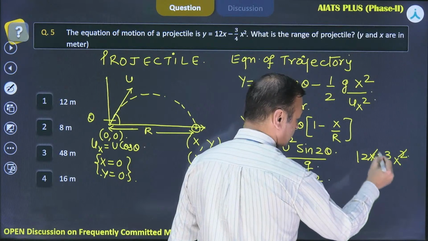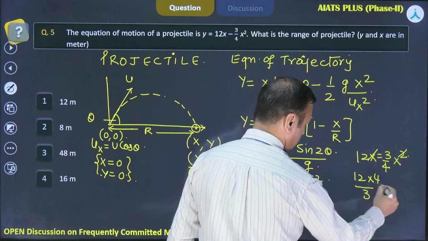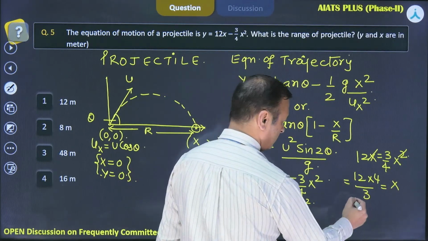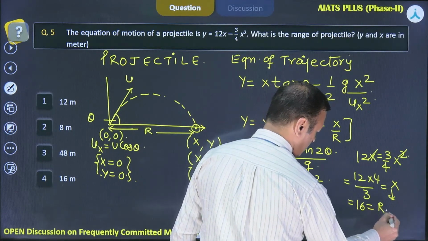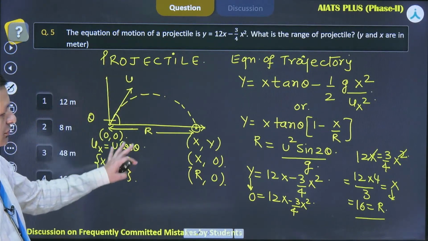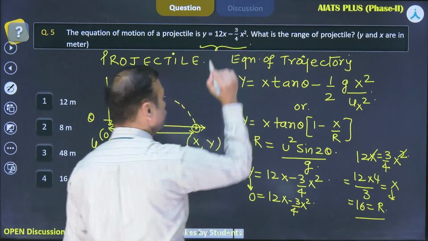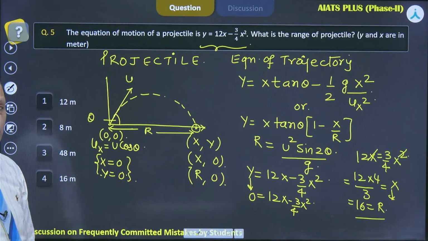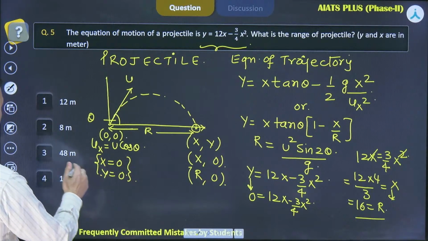One x cancels, so x is 12 into 4 by 3, which becomes 16, and this x is only R. So the range of this projectile, whose equation of trajectory is given to us, is 16 meters.